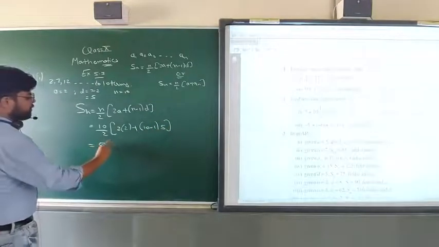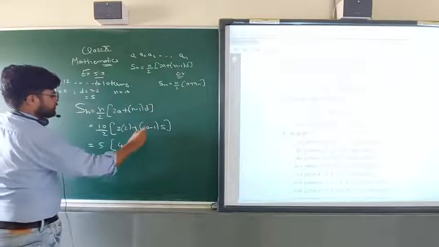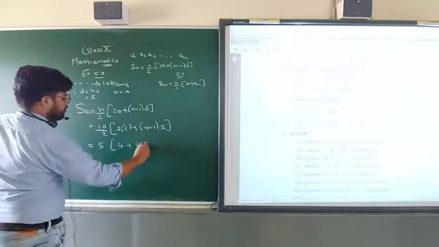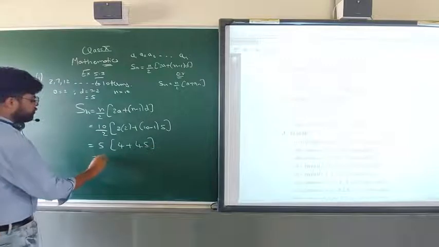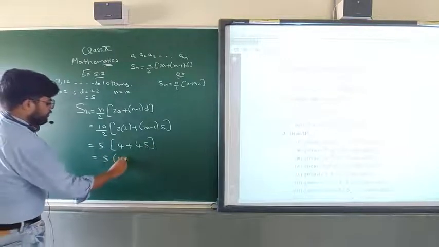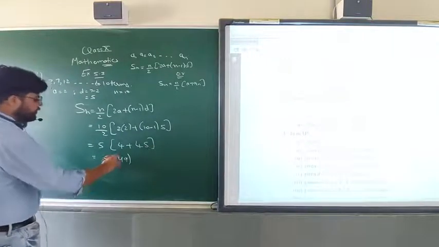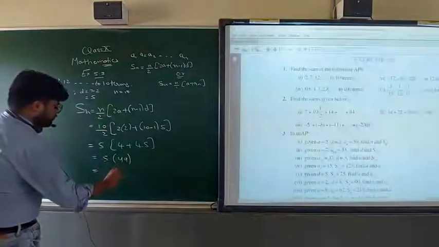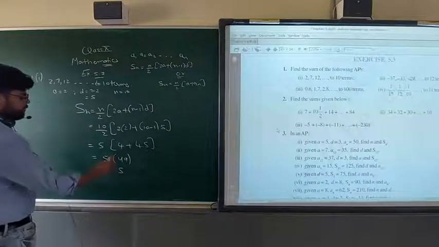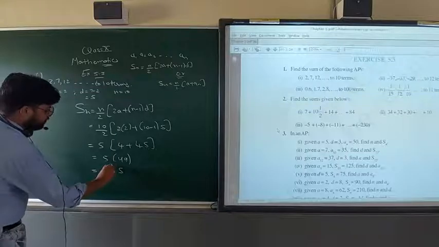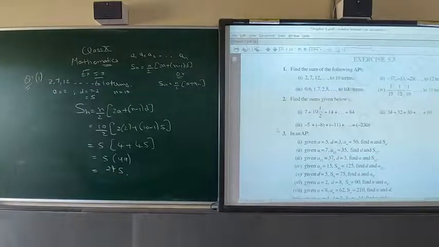It will be 5 times (4 plus 9 fives). 9 fives are 45, 45 plus 4 is 49, and 49 multiplied by 5: 9 fives are 45, 4 carry, 5 fours are 20, so 245 will be the answer. That 245 is the sum of the n terms of the AP.